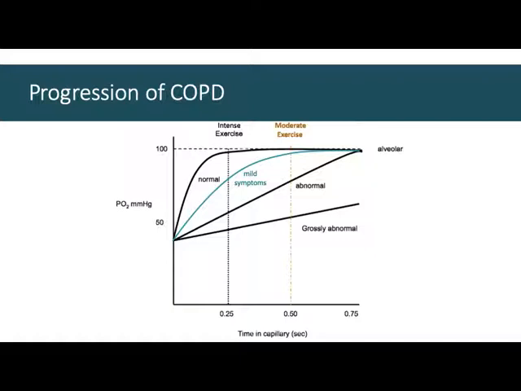You get full gas exchange if you're sitting around watching TV, but as soon as you start to move around and do anything physically active, you will start to feel lightheaded or short of breath. And then in extreme circumstances, which require supplemental oxygen, you won't even get full gas exchange at rest. This is near complete breakdown of elastic tissue. This is severely limited airways in the grossly abnormal condition.